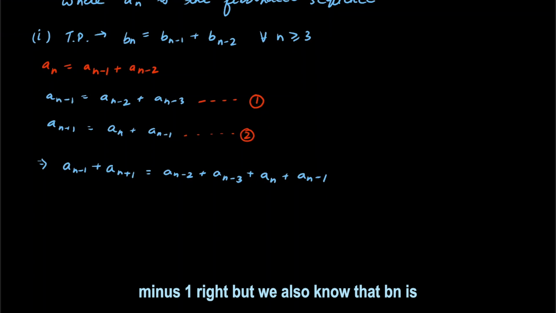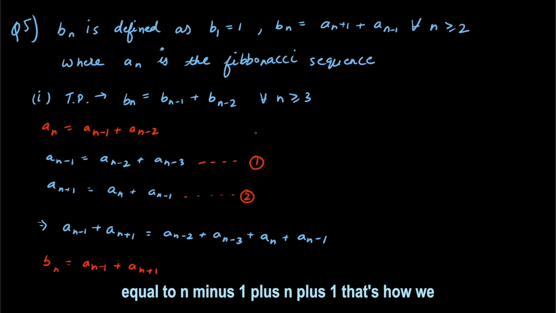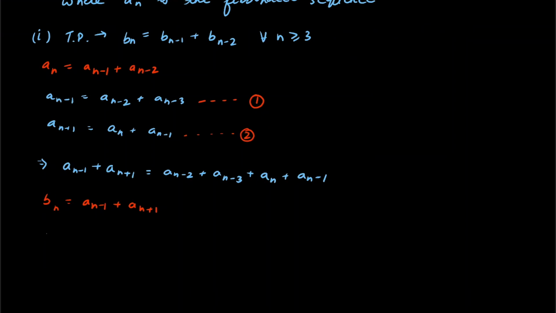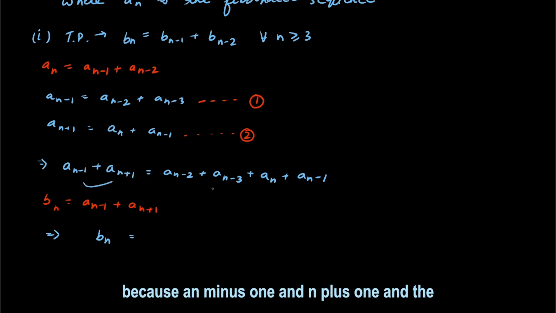But we also know that Bn is equal to An minus 1 plus An plus 1. That's how we define Bn over here, right? So applying that on the left hand side, we get Bn, because An minus 1 and An plus 1.